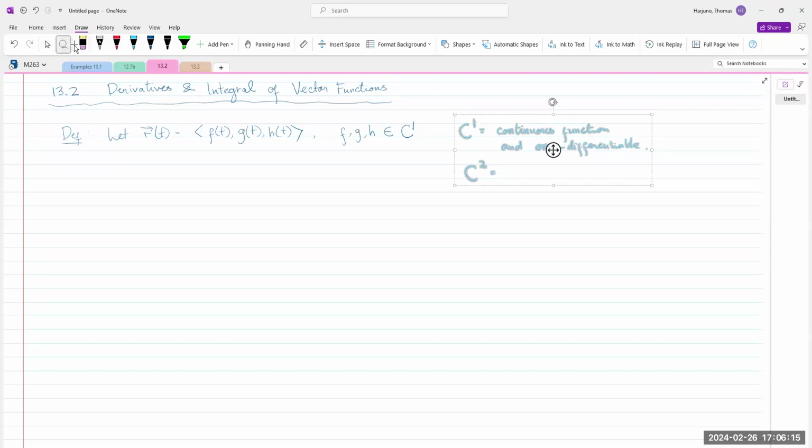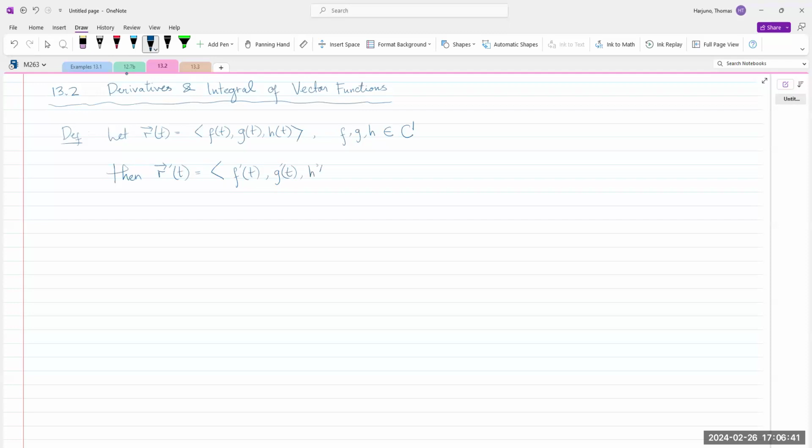Now, suppose we have those, then r prime t, the derivative of that vector function, is actually the vector of the derivatives of each function, which are the components of that vector.